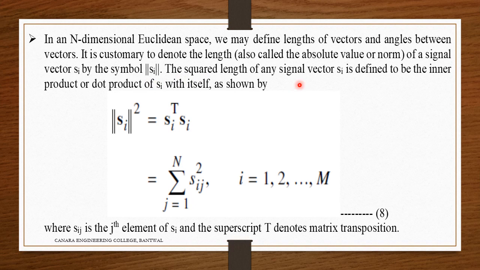The squared length of any signal vector si is defined to be the inner product or dot product of si with itself, as shown by mod of si the whole squared equals si transpose into si, which can also be written as the summation of j equals 1 to capital N of sij the whole squared, where i equals 1, 2, so on up to M, where sij is the jth element of si, and the superscript capital T denotes matrix transposition.